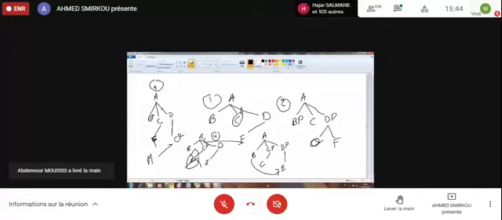Because B C-commands E, and there is no other node that C-commands E asymmetrically. Yes. What about CP? CP cannot, because it's phrasal. Yeah, it's a clause. It's not a lexical category. Yes. Okay, thank you.